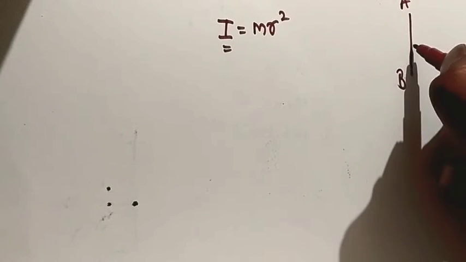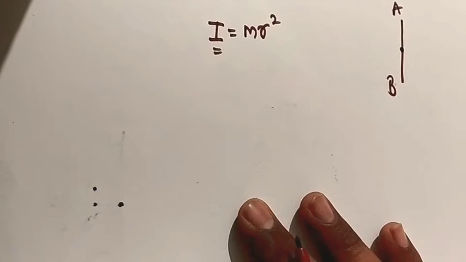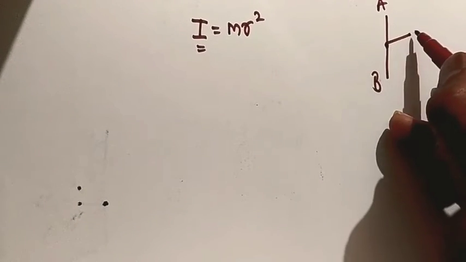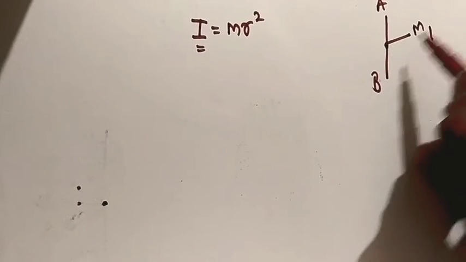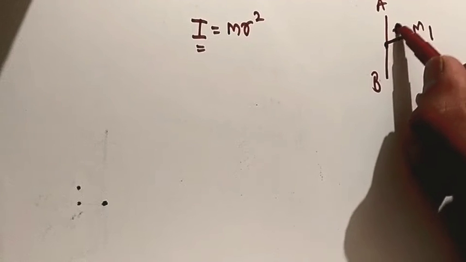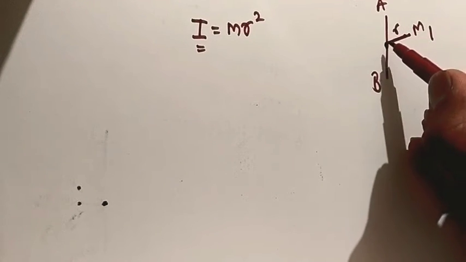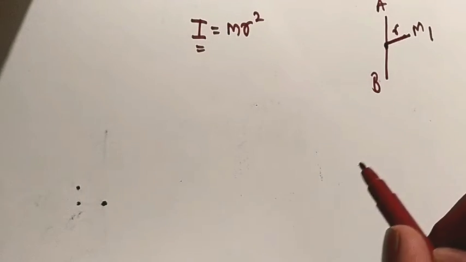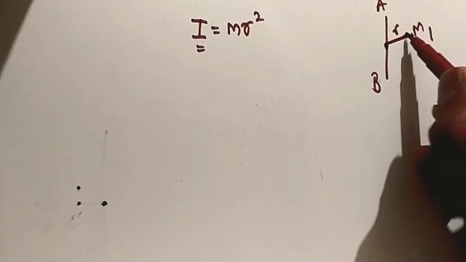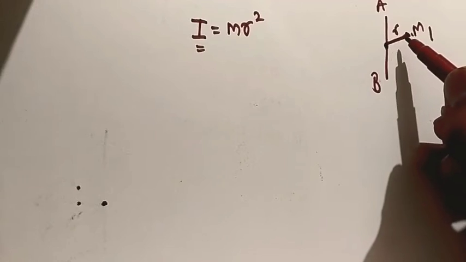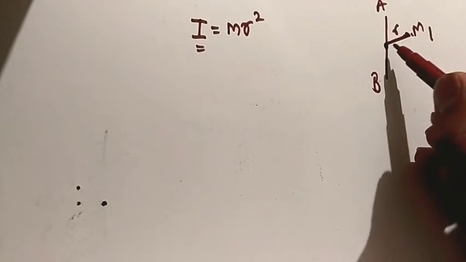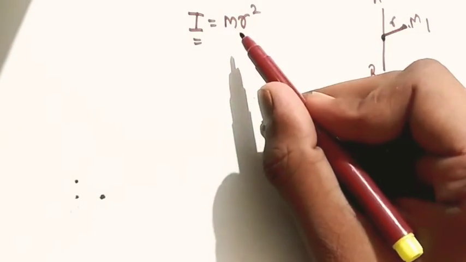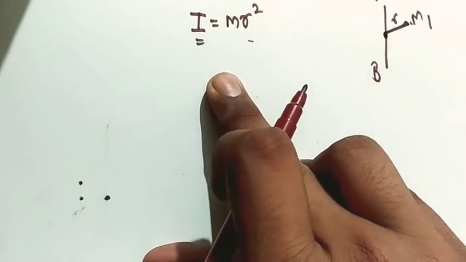Here are points A to B, and at C there is a mass m1. And this is the radius, or we can say the distance between the mass and the axis of rotation. So the moment of inertia is the product of mass and the square of the distance between the axis of rotation and the mass.